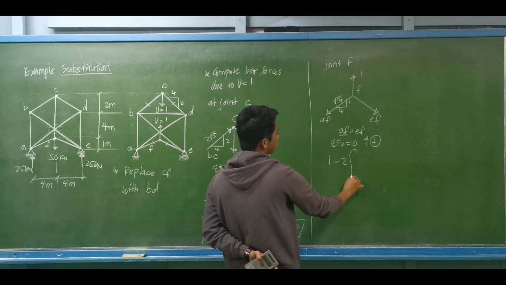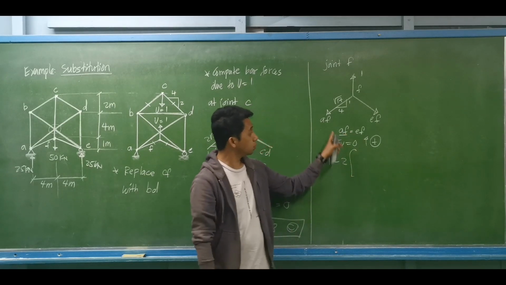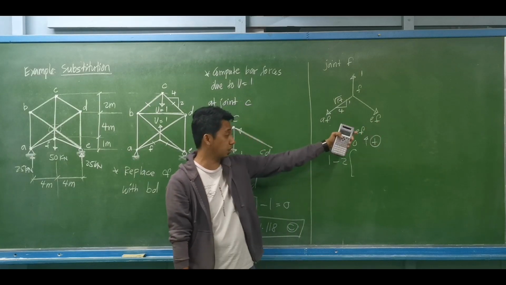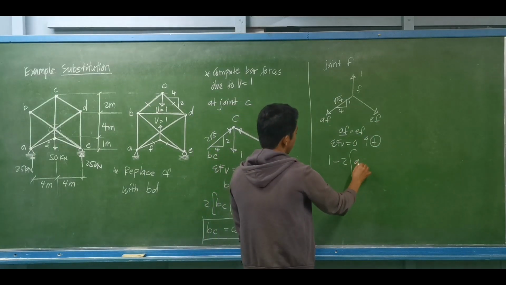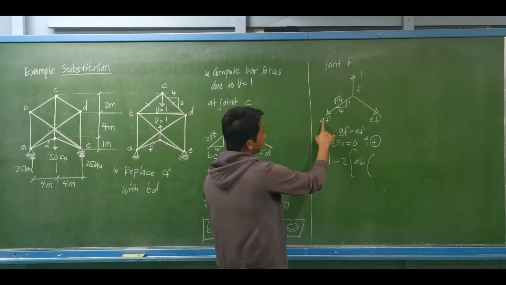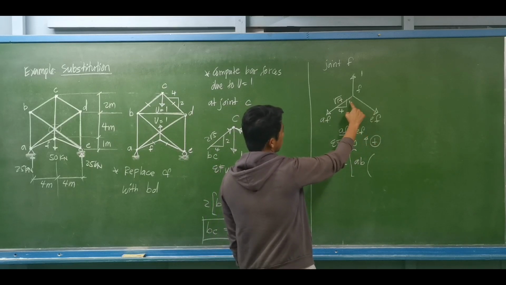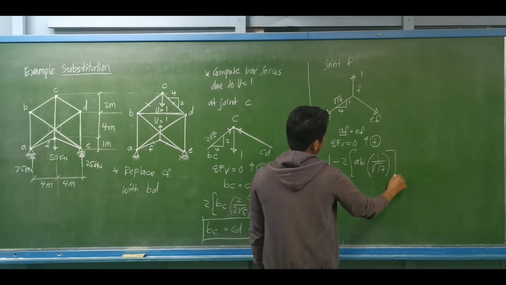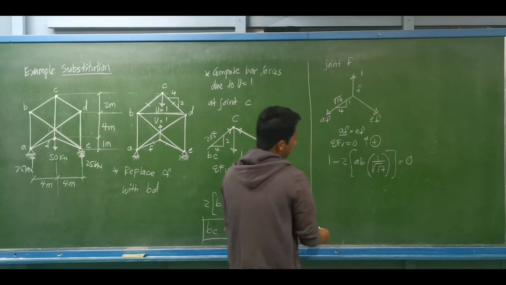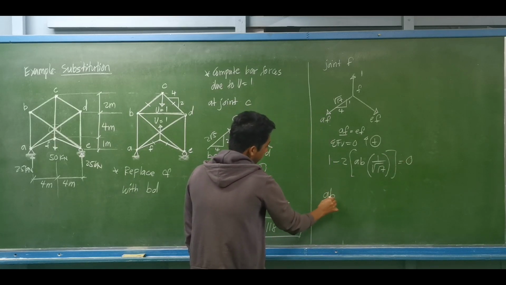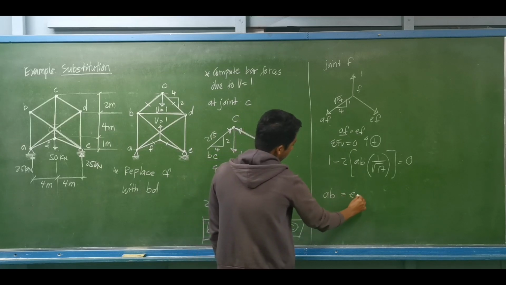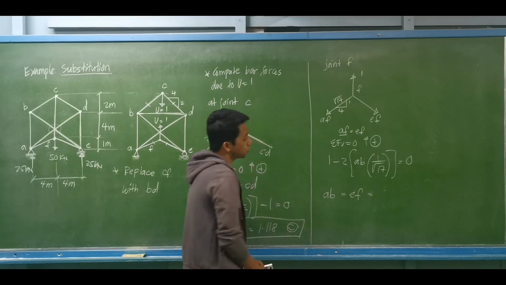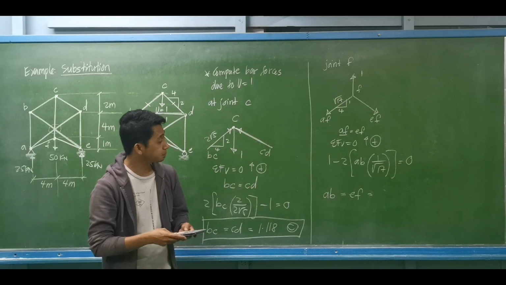I'll just use AF, that's why I multiply by 2 since there are two of them. So I hope that is clear. So we have AF. What is the vertical component of AF? The same with EF, that is 1 divided by the square root of 17. And this should be equal to 0 for equilibrium. So you'll be having the magnitude of AF, which is the same as the magnitude of the bar force for EF.